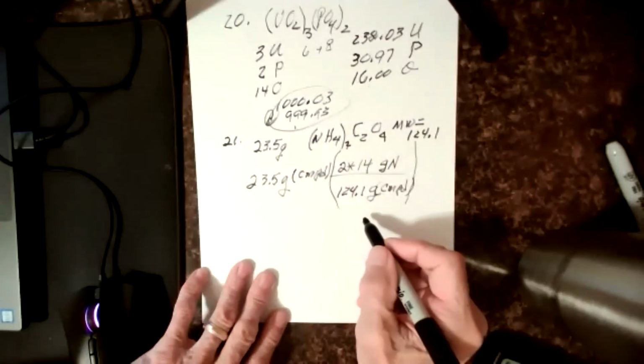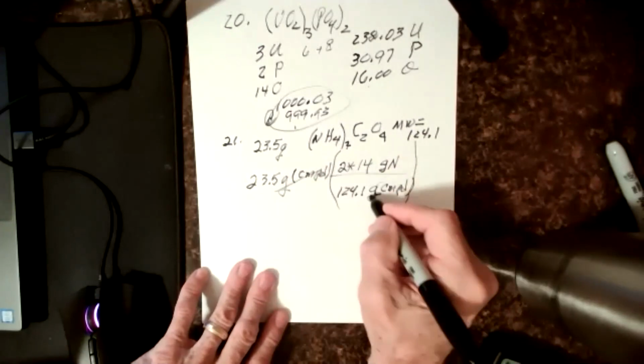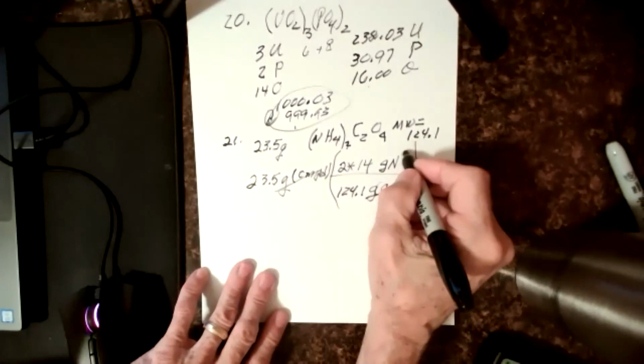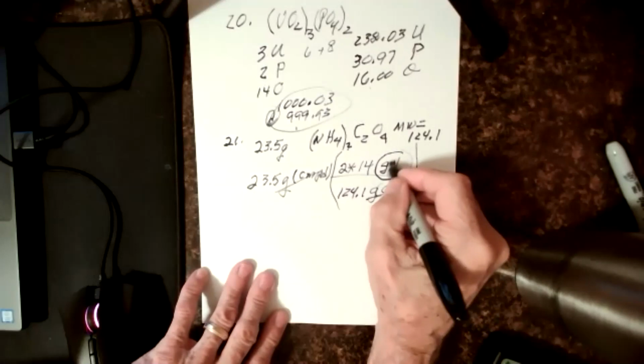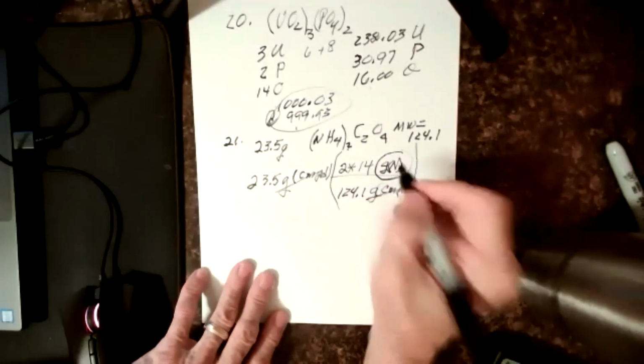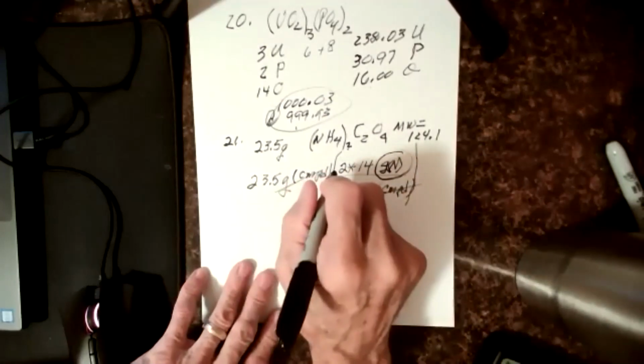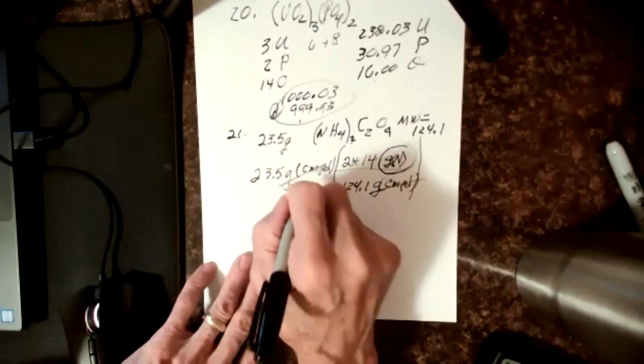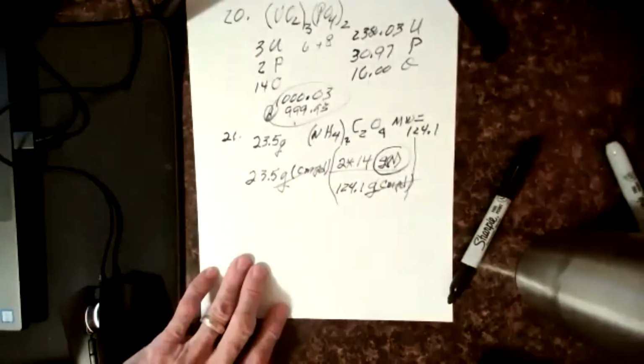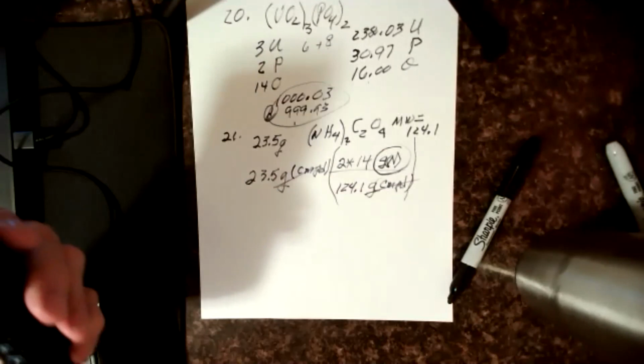Numerator and denominator are equivalent. They're set up in a way that this unit cancels. The unit that I got for the answer is the unit asked for in the problem. That number is correct. You do that in one step with one set of calculations on your calculator.